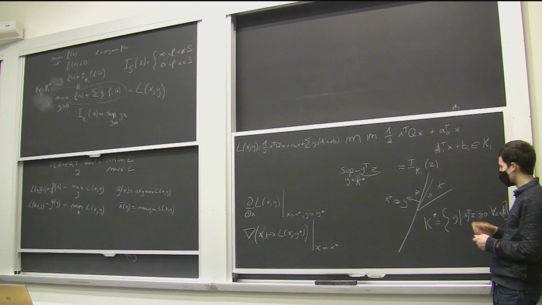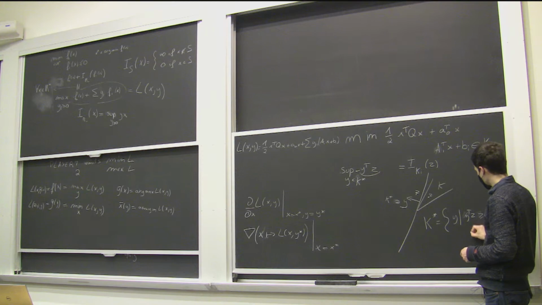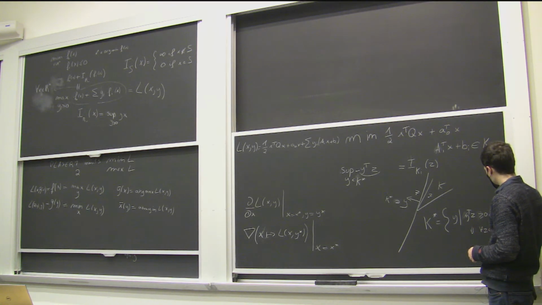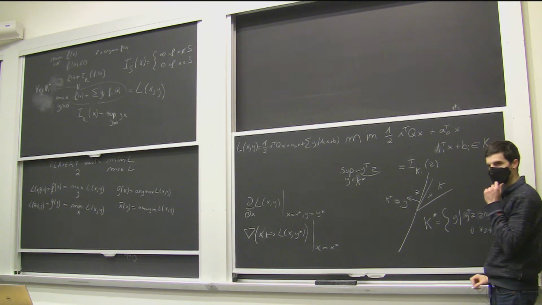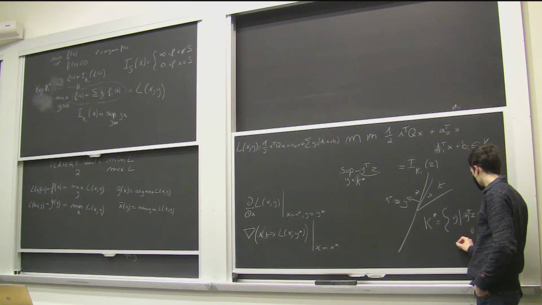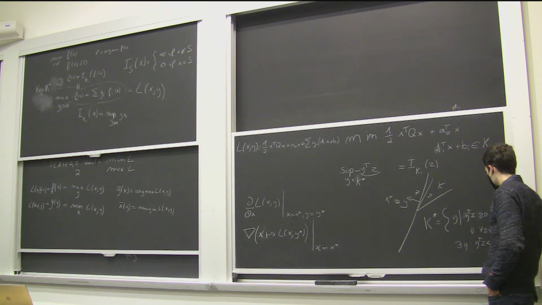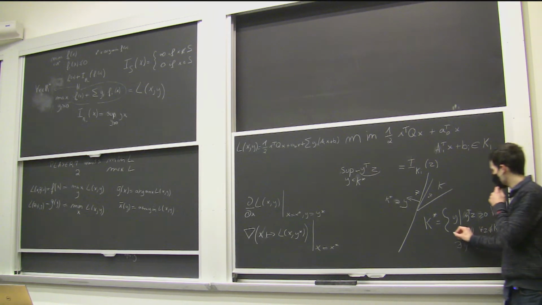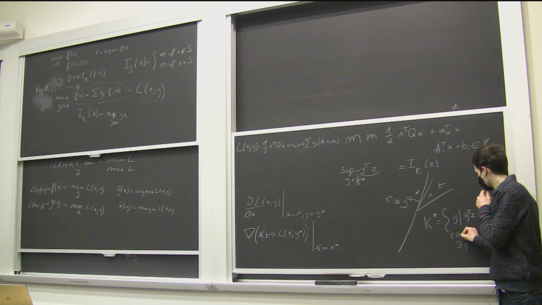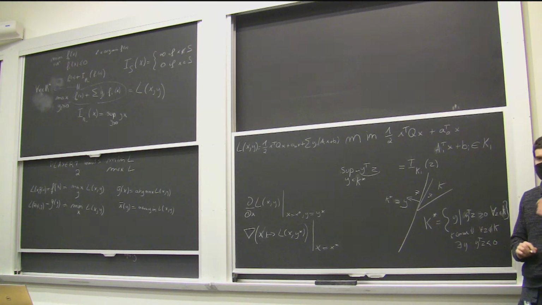Because K is convex, for all z that are not in the cone, there exists y such that y transpose z is negative. And this is because K is convex and closed. All right?